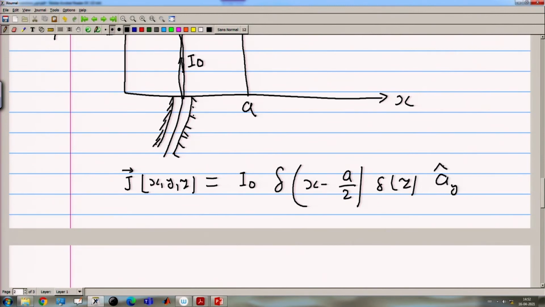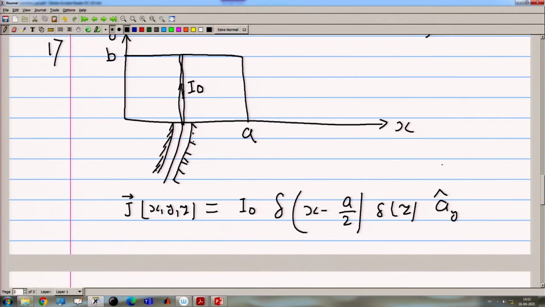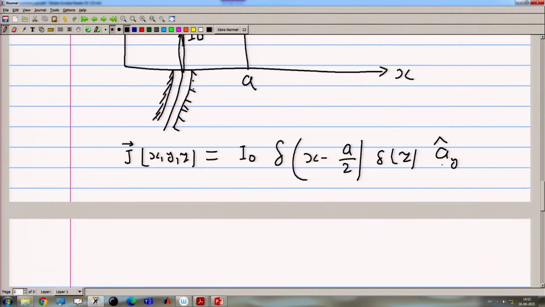So, this is in the y direction, and here the feed is at x equal to a by 2, that is, in the middle of the waveguide, and it is into delta z.